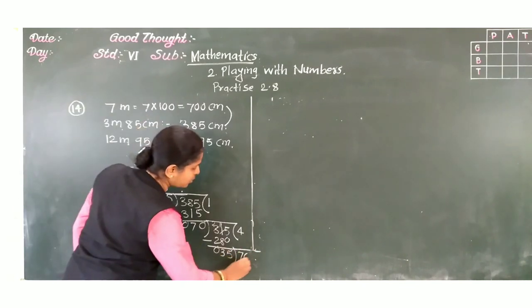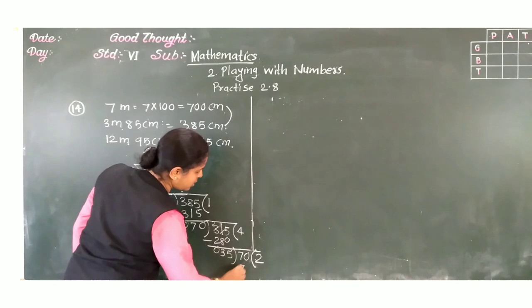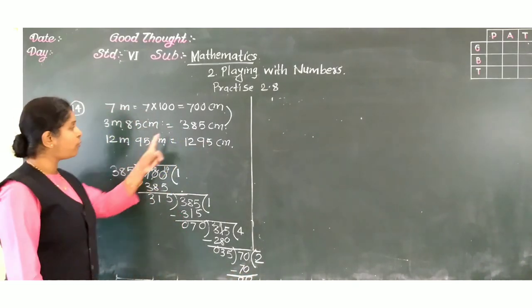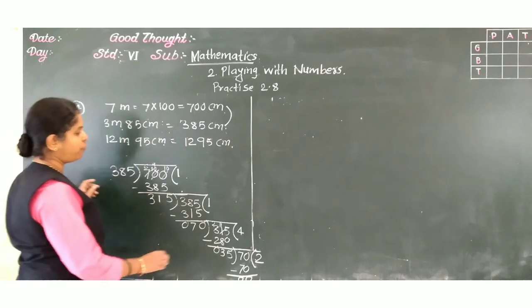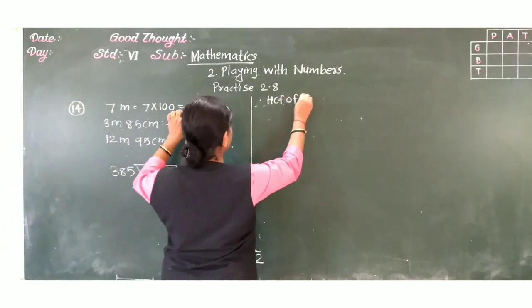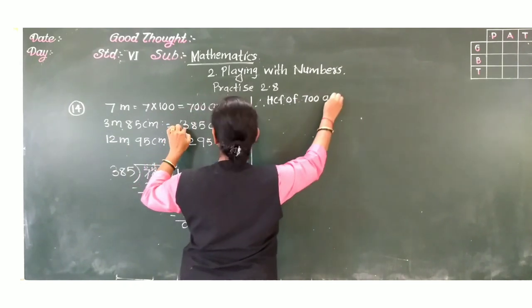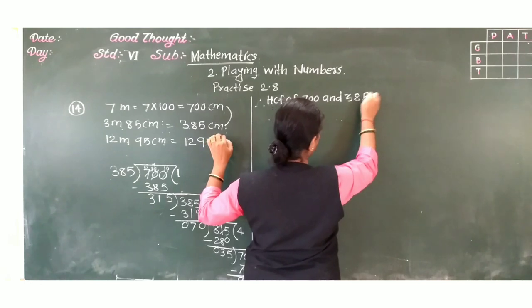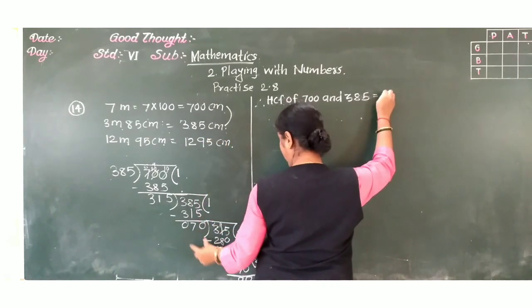So 35 twos are 70. That is remainder 0. So what is the HCF of these two numbers? Therefore, HCF of 700 and 385 is equal to 35.